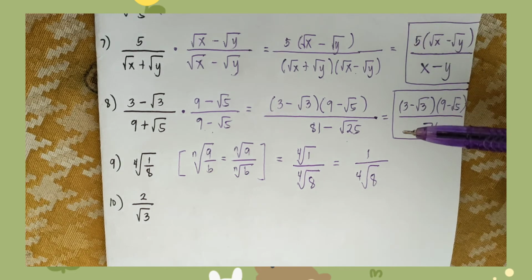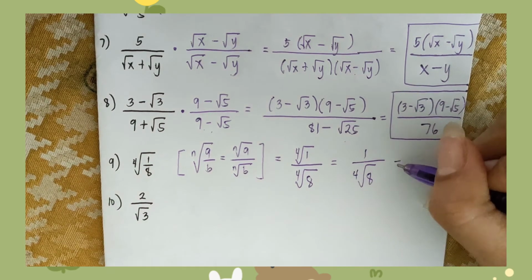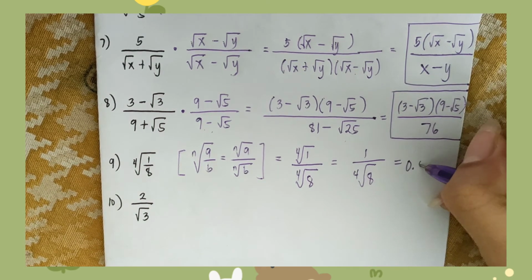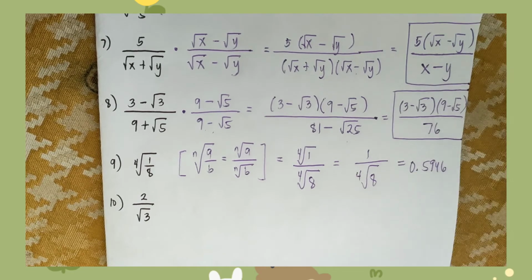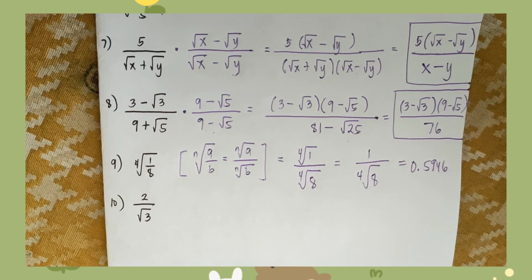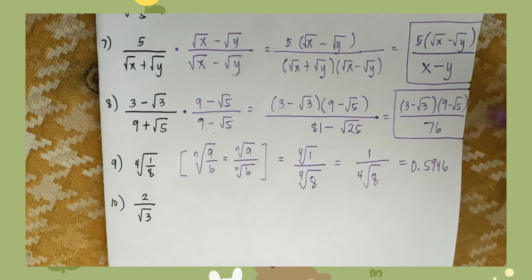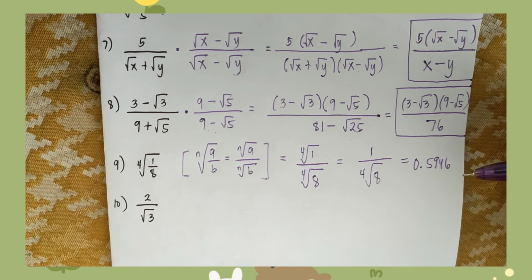So in this case, we can just get the decimal value, which is equivalent to 0.5946, or you can rationalize it if you want. So in this case, I just showed you the decimal value.